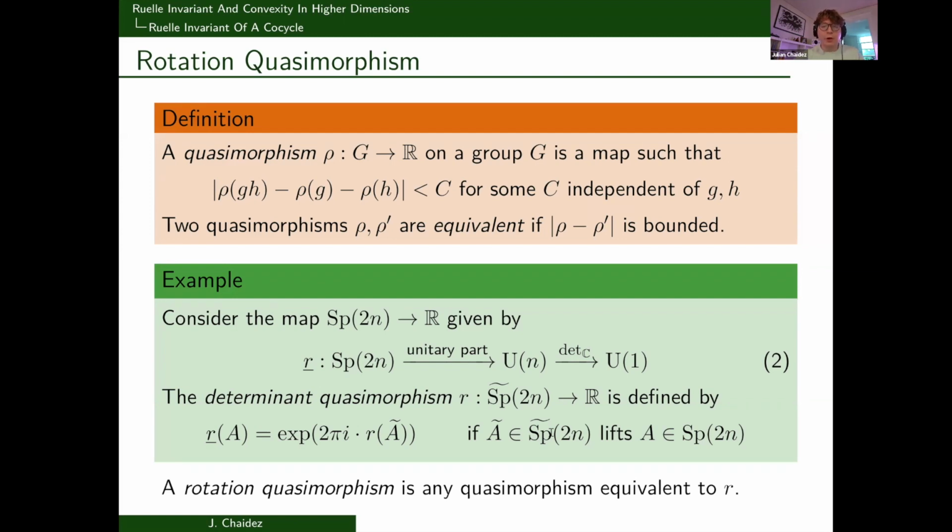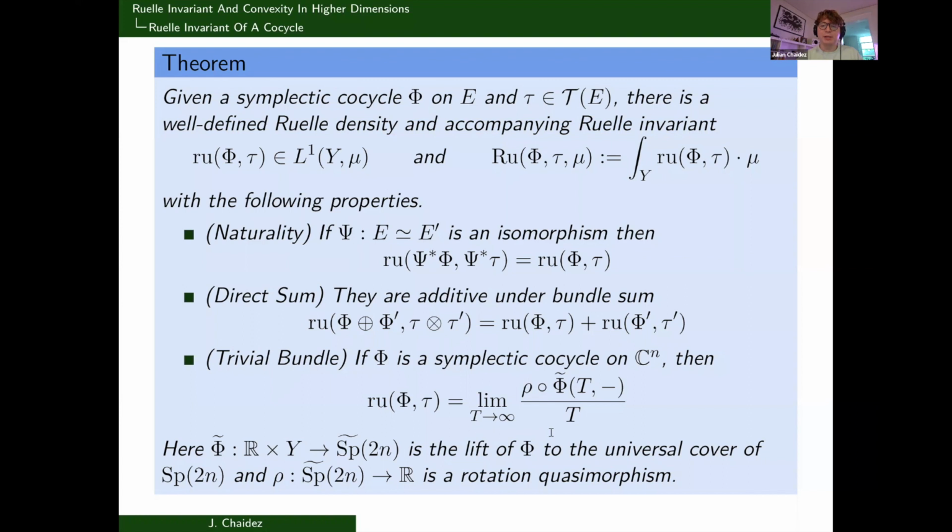Okay, and just to go back to this theorem really quick, basically what it is saying is that if I give you a rotation quasimorphism, for example this one given by the determinant of the unitary part, then I can use that to calculate this little rho thing by taking some limit.